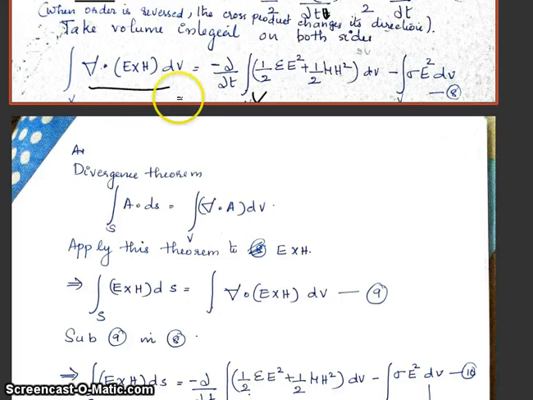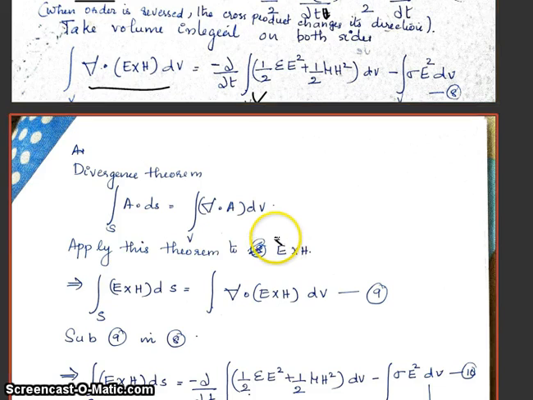So instead of A you have to substitute E cross H. So I can write surface integral of E cross H dS is equal to the volume integral of del dot E cross H dV. That is my equation 9.